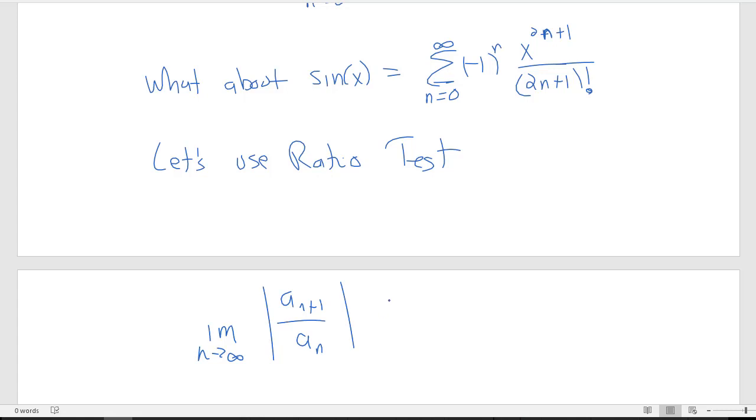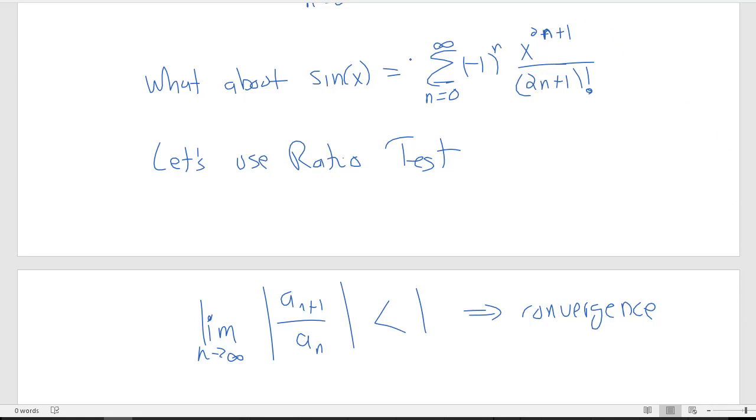For convergence, I want less than 1. For this power series, I only care where this limit is less than 1, because I only care about convergence. I don't care about anything where this series is divergent.